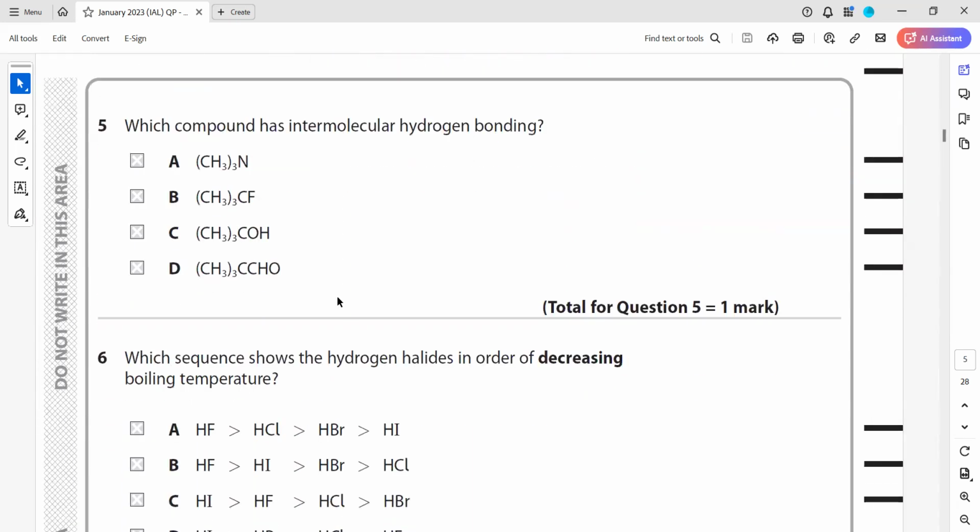Which compound has intermolecular hydrogen bonding? Hydrogen bonding is when hydrogen is directly attached to the most electronegative elements: oxygen, fluorine, or nitrogen. Any of the three. Here, nitrogen is attached with carbon, and then carbon with carbon, with three hydrogens, so hydrogen is not directly attached to nitrogen.